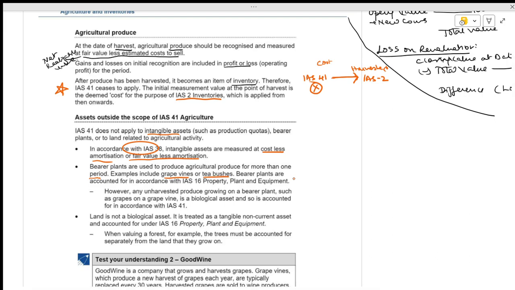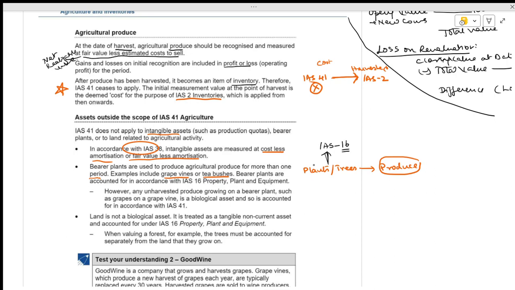The plants and trees will be there, and you are going to take the produce of those assets. These plants and trees are going to be treated in accordance with IAS 16.